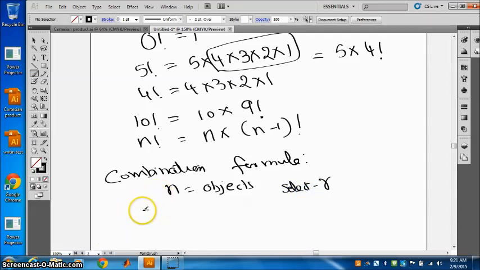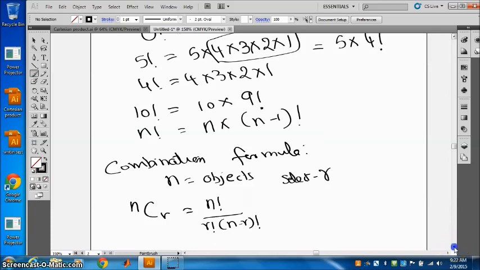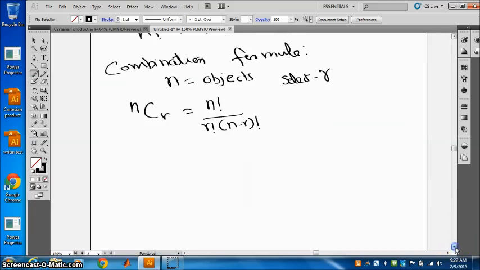So how many ways we can select r objects out of n? We say nCr. We write it like this, which means factorial n divided by factorial r multiplied by factorial n minus r. This is the rule to find the number of combinations.